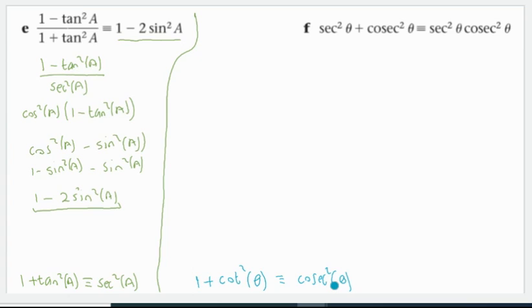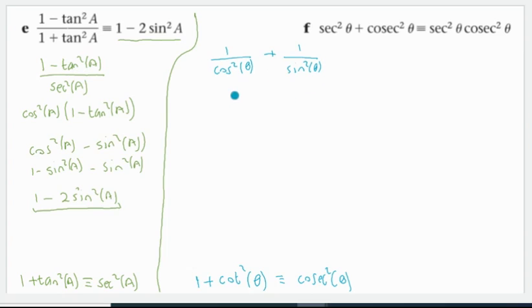What could I do here? I think I could just treat these as fractions and then add them. So this is 1 over cos squared theta plus 1 over sine squared theta, because that's what those things are.